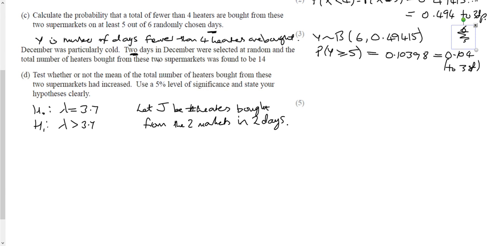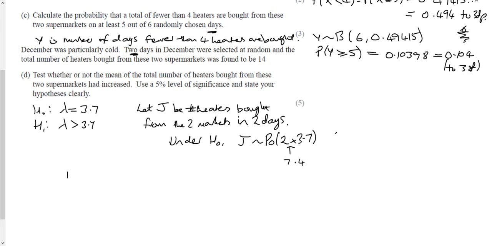Okay, so notice here it said 2 days in December. So under H0, J should follow a Poisson distribution with 2 times 3.7 because we're talking about 2 days, and we're going to say those 2 days are selected at random, they're independent of each other. So 2 times 3.7 is 7.4, and that's what we have for 2 days.